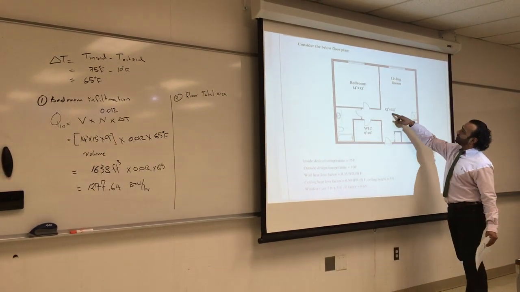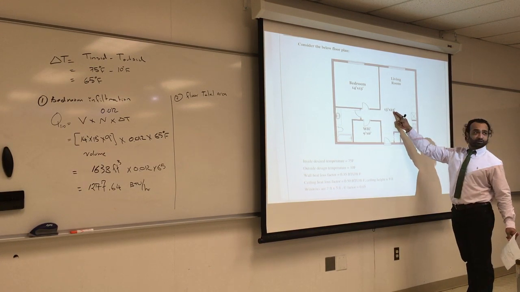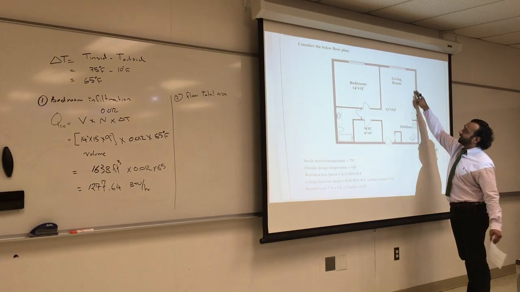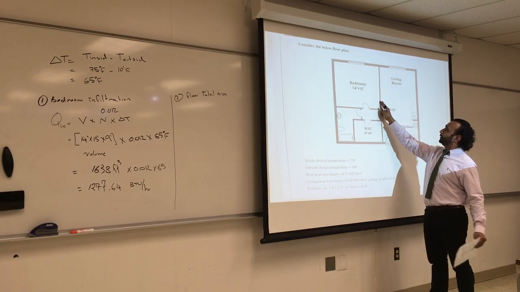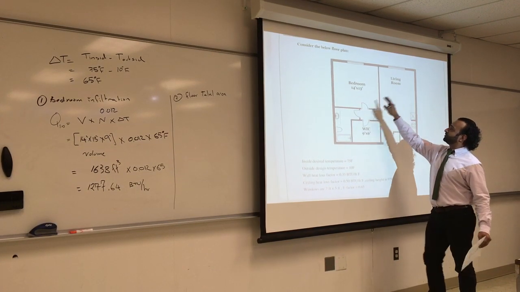So if you notice, this row is 13 times 23, right? So this is going to be 23 because it's bigger, which means 13 is the width. So that's 13, that's 14.